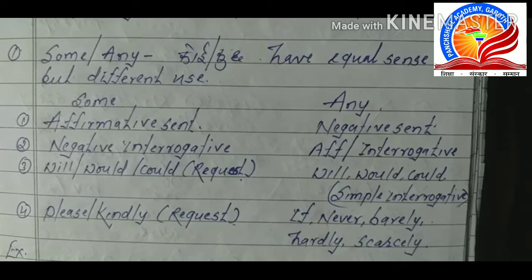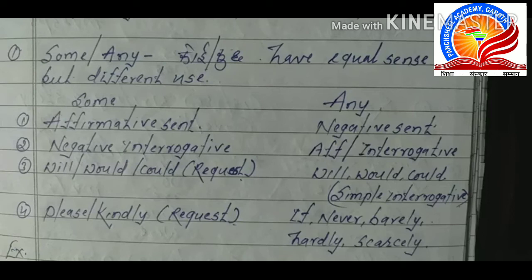I am going to revise the same thing once again. Some is used in an affirmative sentence and any is used in a negative sentence. When the question is negative, we apply some, and when the question is affirmative, we apply any.